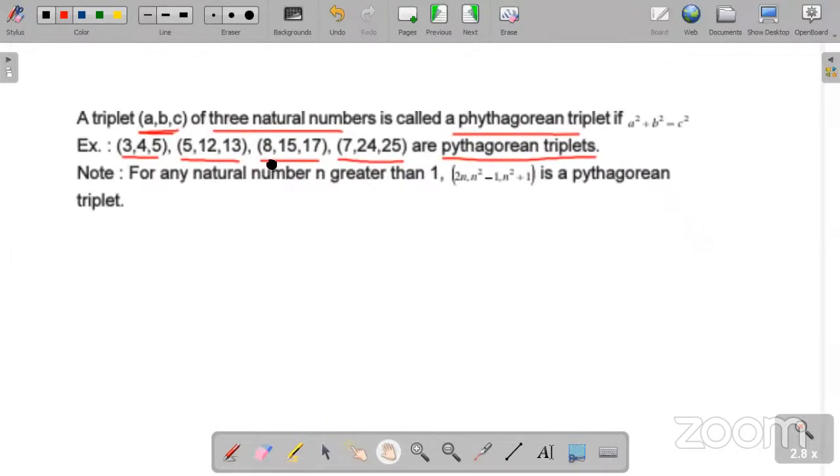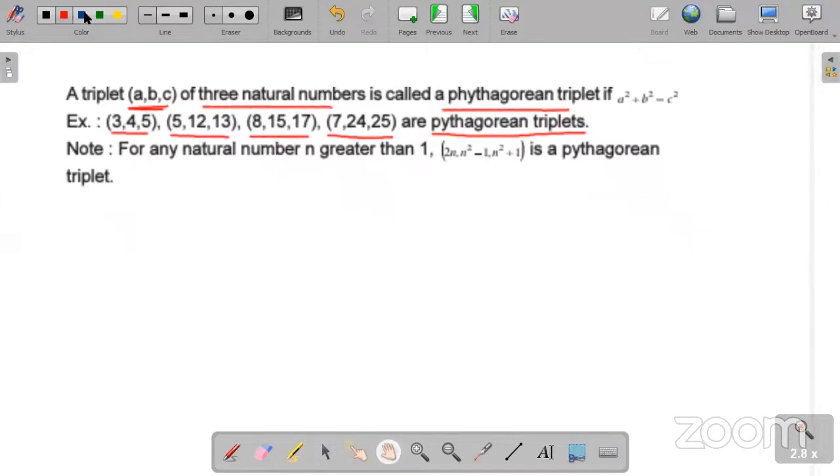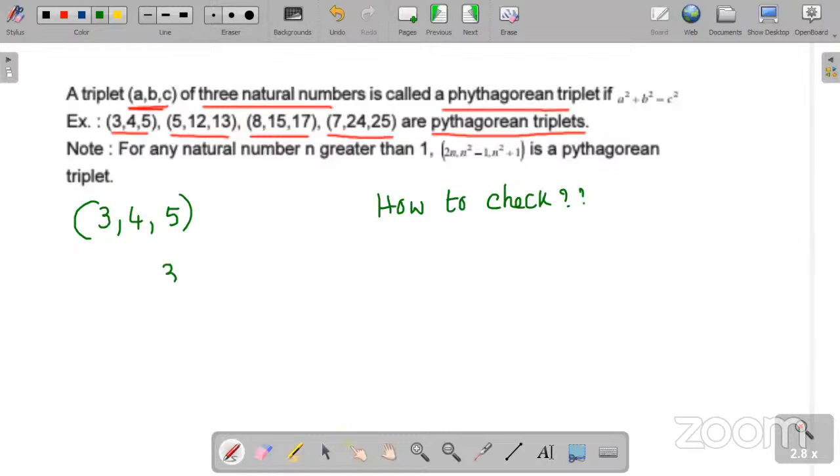Let us check now. Is 3, 4, 5 a Pythagorean triplet or not? We need to check. To check, find 3 square plus 4 square. 3 square is 9, 4 square is 16, sum 25.